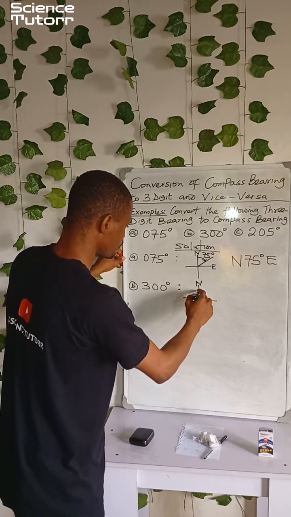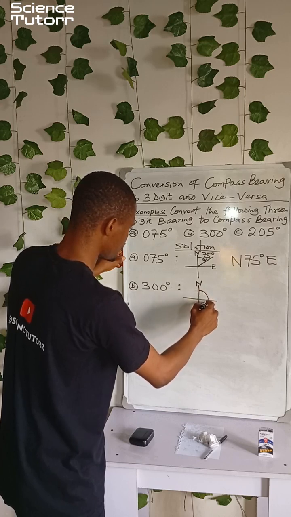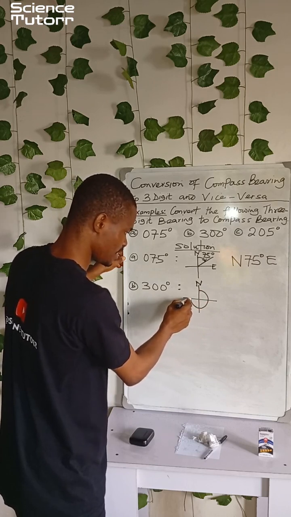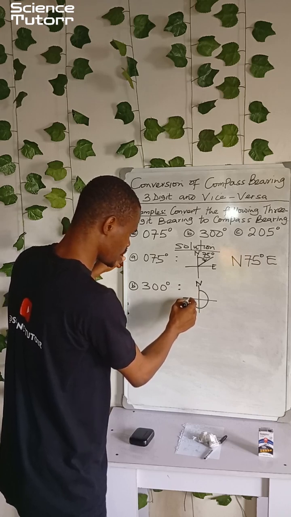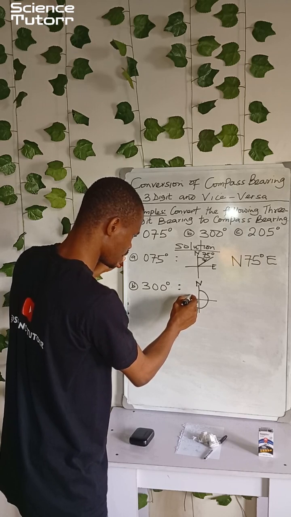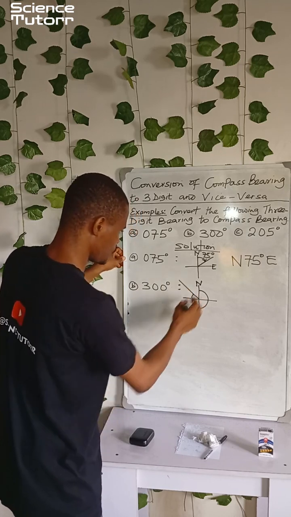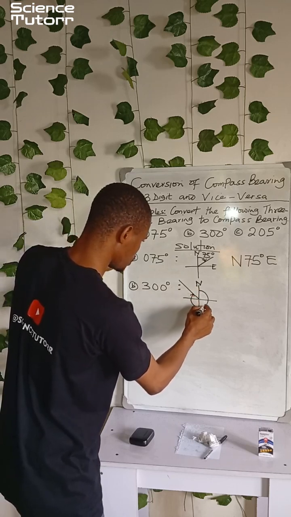We have 90, 180, 270, 360. So 300 will be somewhere here. The whole of this is 300 degrees.